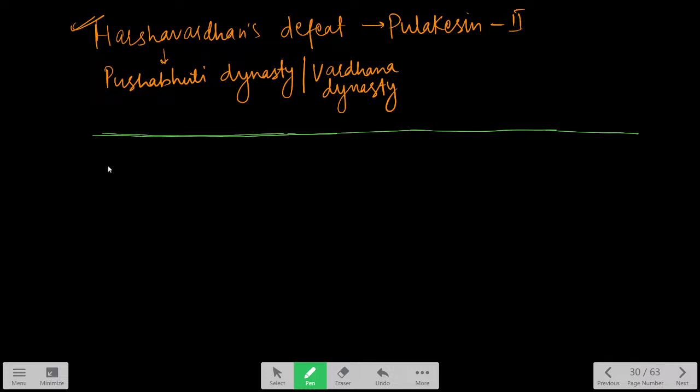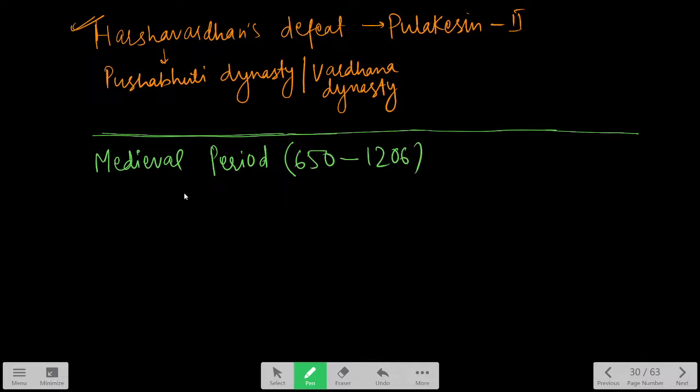The medieval period started here, and we are discussing the medieval period between 650 and 1206 AD.